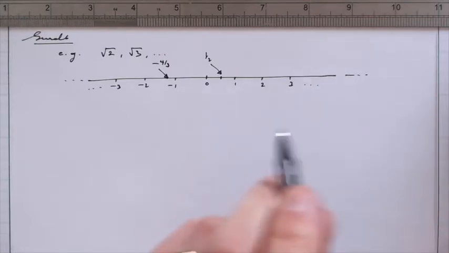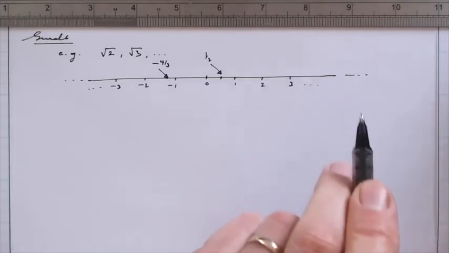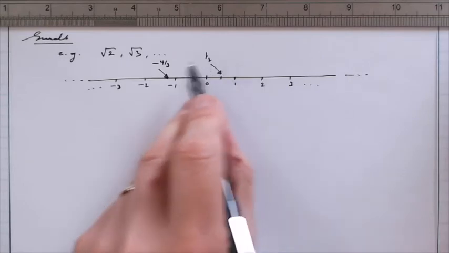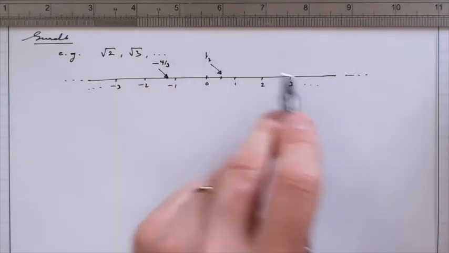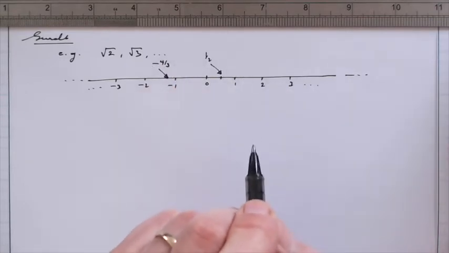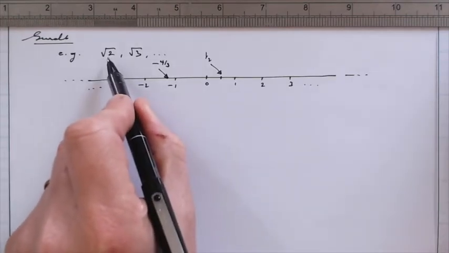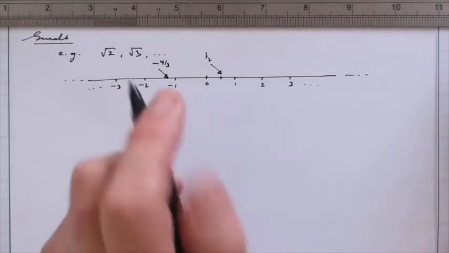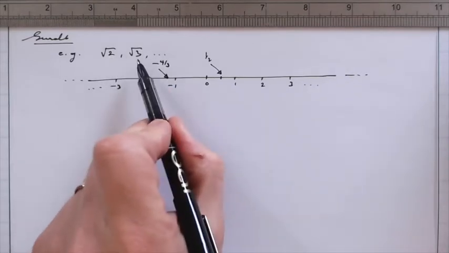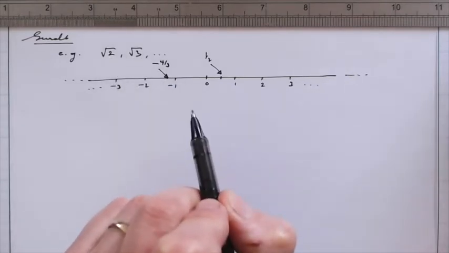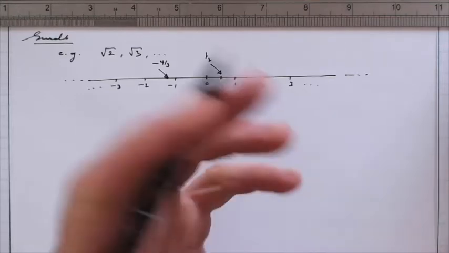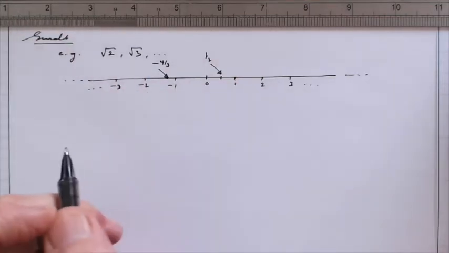There are an infinite number of points on this line which cannot be represented by fractions of integers, by rational numbers. These are the irrational numbers, and the surds, which are square roots, cube roots, various roots of integers, are a significant subset of these irrational numbers.